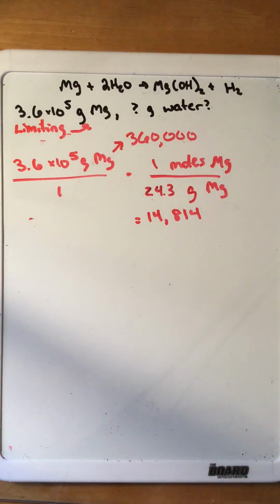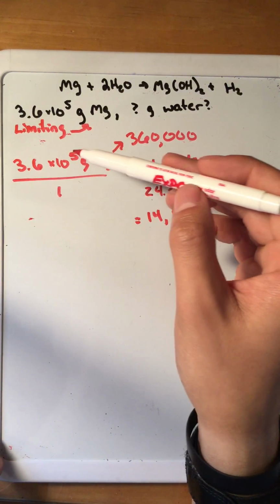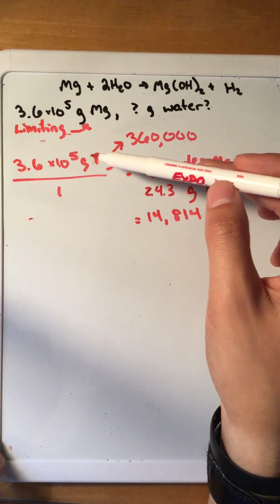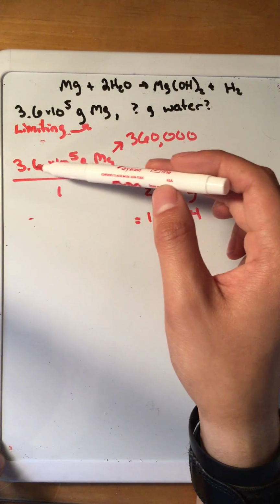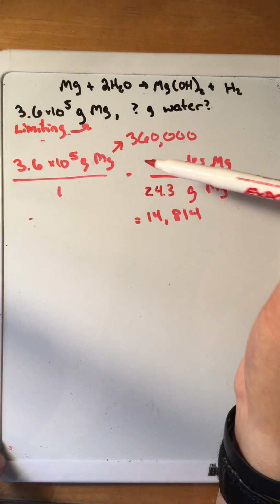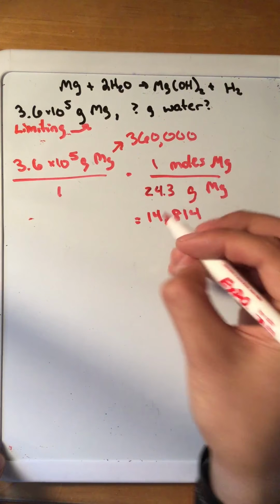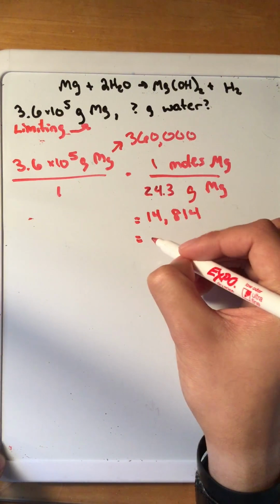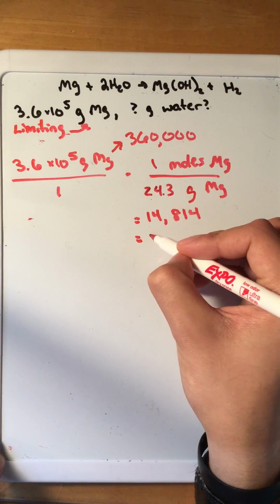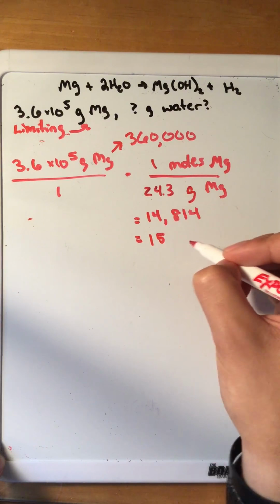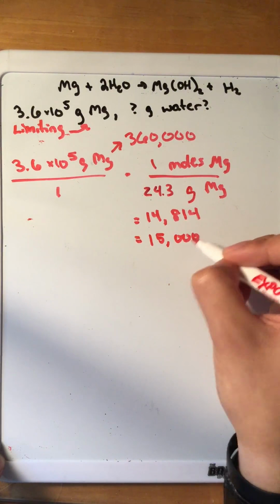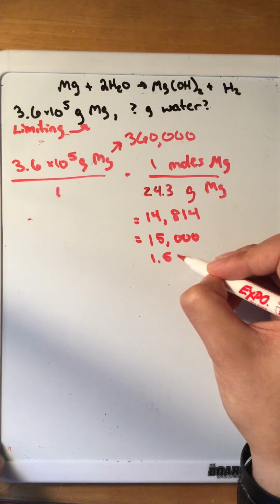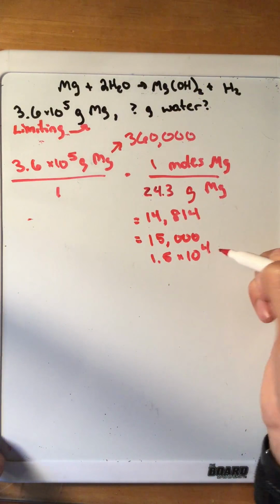to get 14,814. Now the thing we need to watch out for is our significant figures. So our significant figures here, we had 2 significant figures, and we have 3, so we're going to have to get down to 2 here. I'll go ahead and do that now. So 15,000, or we could also write this as 1.5 times 10 to the 4th.